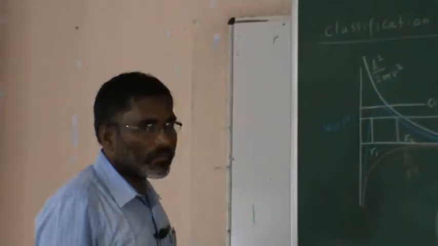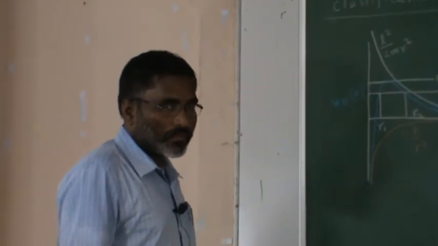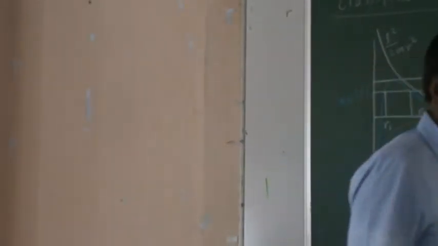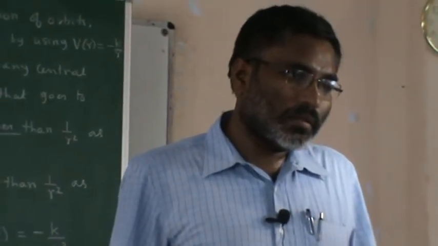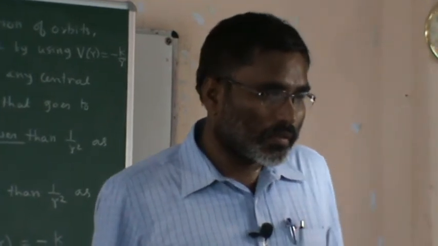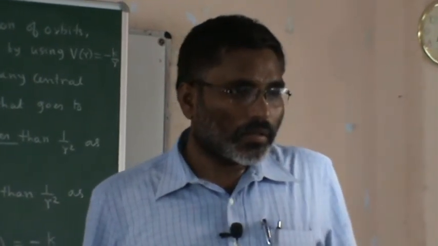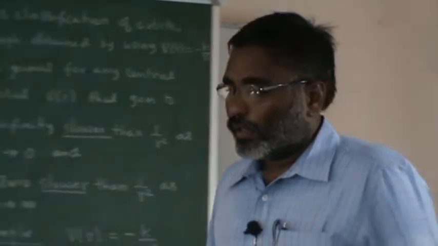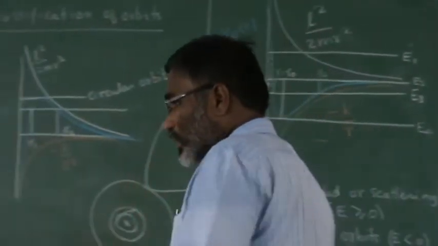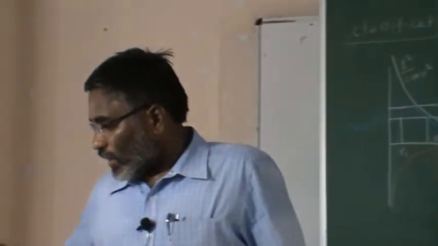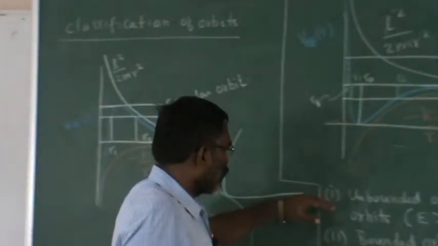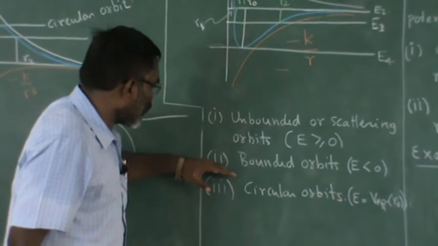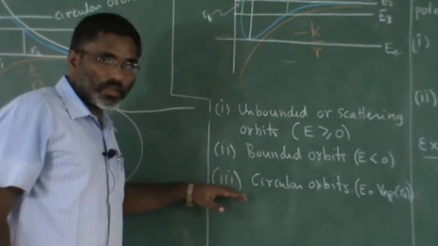But stability is possible only in some restricted cases, that's what Bertrand's theorem says, right? It says that only for the Coulomb potential or the harmonic potential are there stable closed orbits. Bertrand's theorem says, we have this classification: unbounded orbits, bounded orbits, circular orbits.